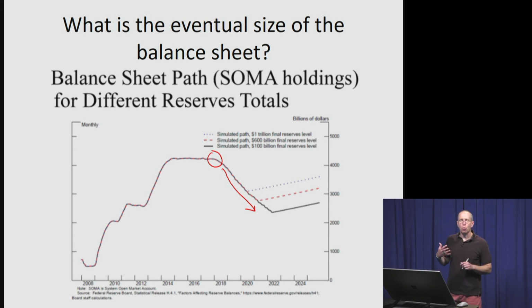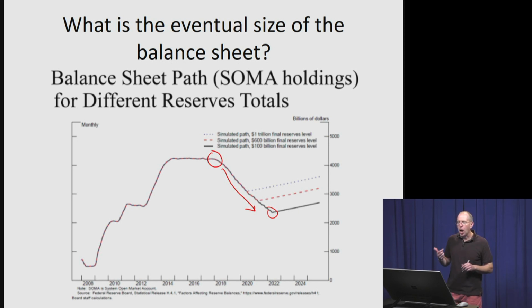And the question is, well, where does it reach its long-run equilibrium? And he has several possible alternative paths here. So notice that one of these possible paths is around the mid 2 trillions, which is pretty close to the back-of-the-envelope calculation we just did.